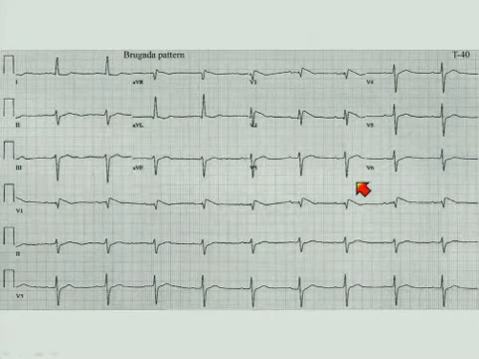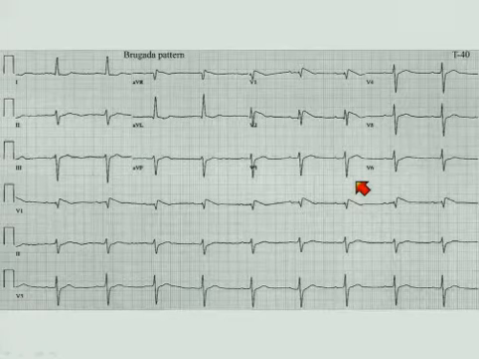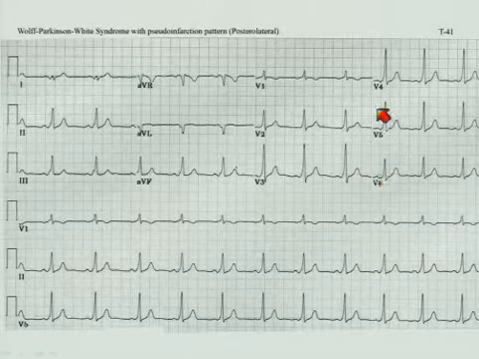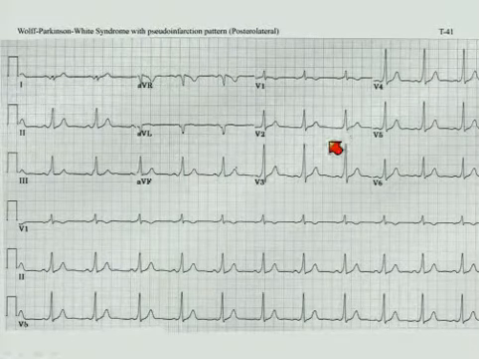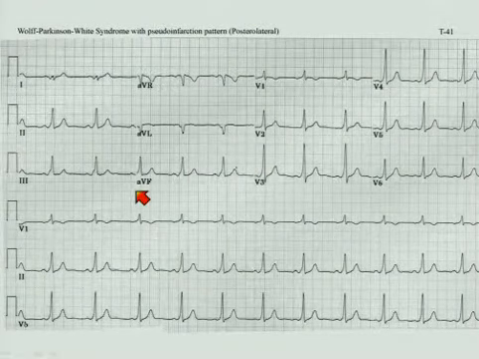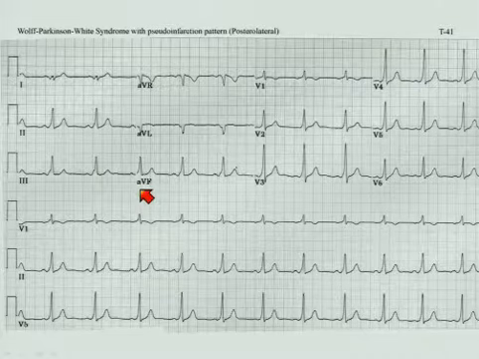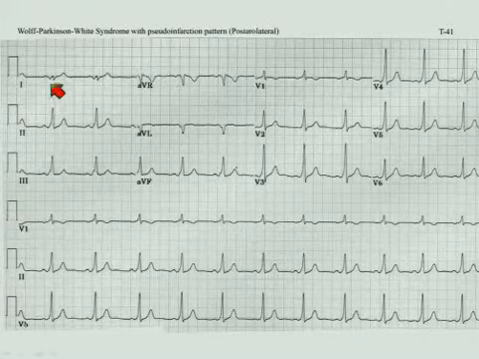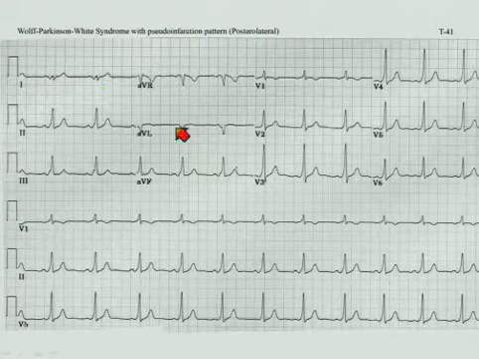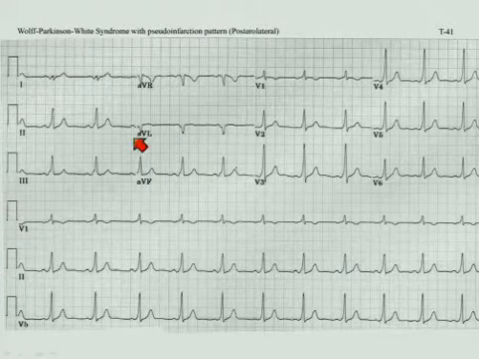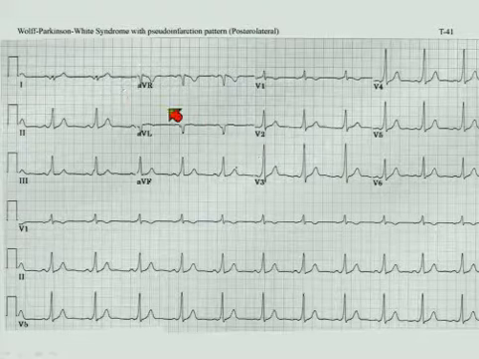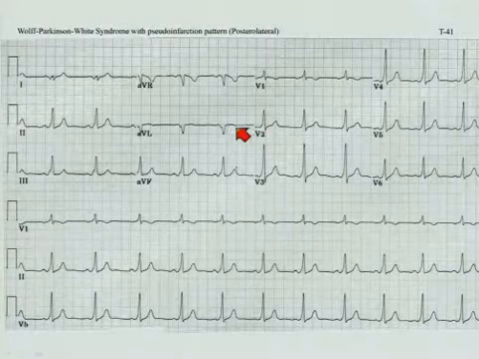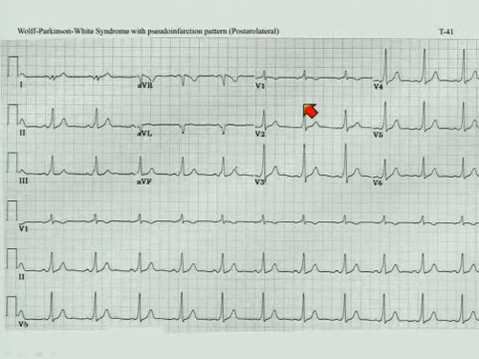Brugada, I'm sure you saw yesterday, so I won't dwell on that, shown here. And WPW. The important thing here is to recognize, first of all, WPW, but second, that you can get this pseudo-infarction pattern. Here you see it appears to be in I and aVL and then an R, and you could say, well, gee, how do I know this isn't a posterior lateral infarction? And the point is that this is WPW.